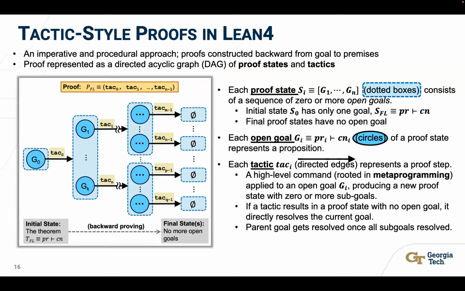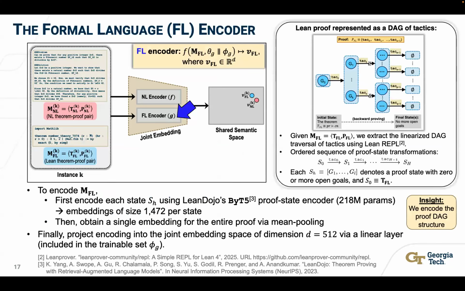And the way we model the Lean theorems, as you are probably familiar, Lean uses these tactic-style proofs, which is you have a goal state, you apply a tactic, you get a bunch of goals that need to be discharged, you apply tactics until such time that you have no more open goals, and that is your proof, right? And this is actually a very nice structure. So we actually leverage this structure. And what we do is we first encode every state in the proof using LeanDojo's ByT5 proof state encoder.